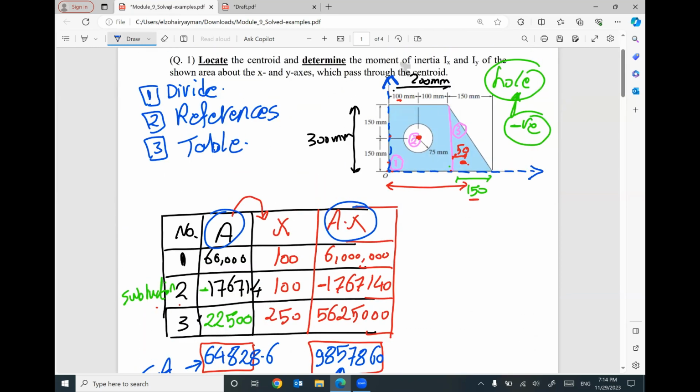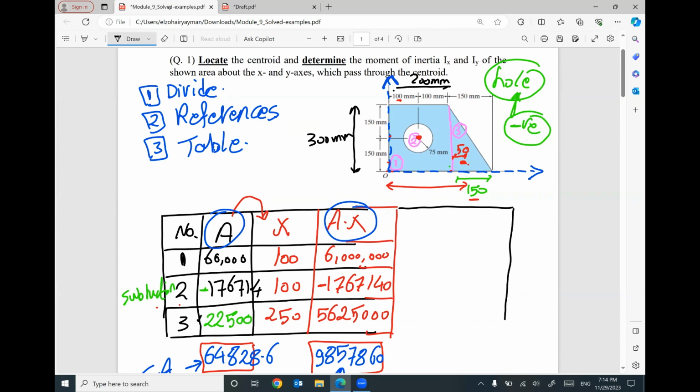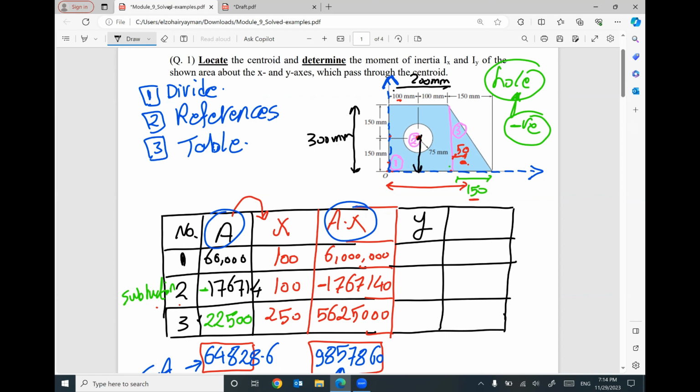I will extend this table by 2 more columns. Y distance. What is the Y distance between the centroid of the rectangle and the horizontal reference? The Y distance equals 150.